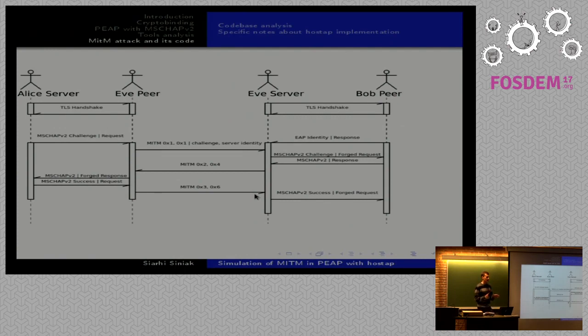It's about WPA Enterprise exploiting, and they call proxying of messages like this using MS-CHAPv1 oracles, because MS-CHAPv2 is the inner protocol in PEAP, and there is the LEAP protocol that uses MS-CHAPv1.